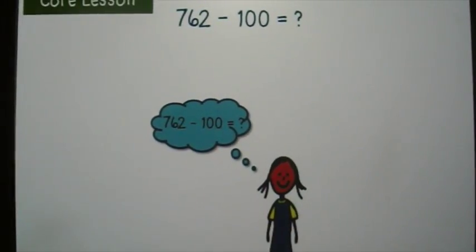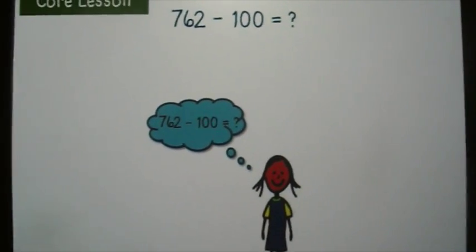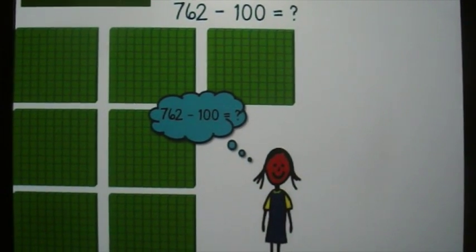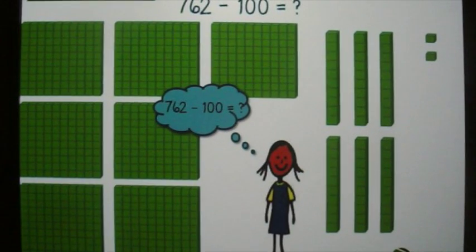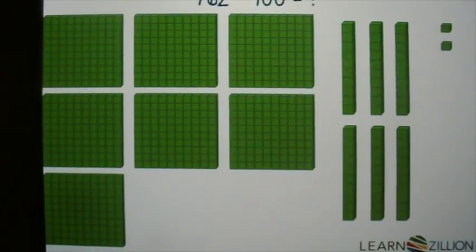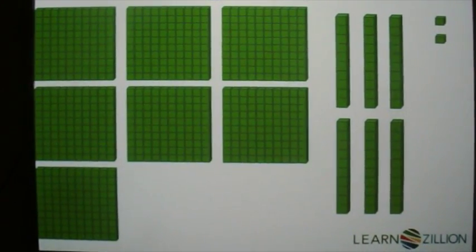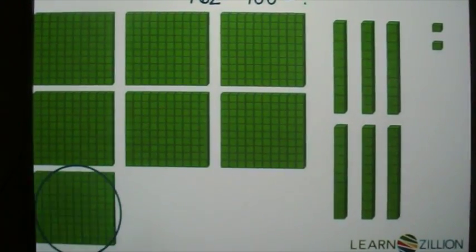So let's look back at that first number sentence we saw. 762 minus 100. So here's 7 hundreds, 6 tens, and 2 ones. Now I reordered them a little bit to make it easier to see. So I'm taking away 100. So I'll take away 1 of these 100 flats.